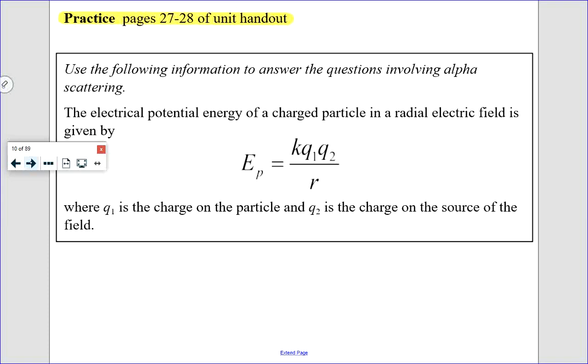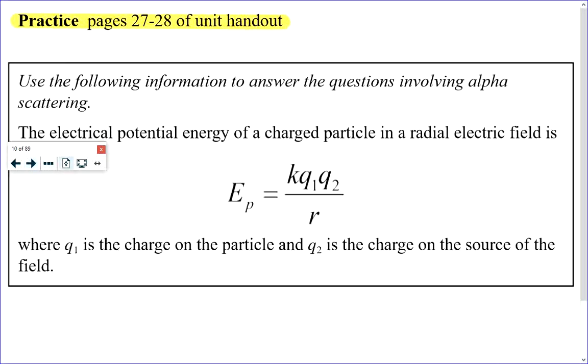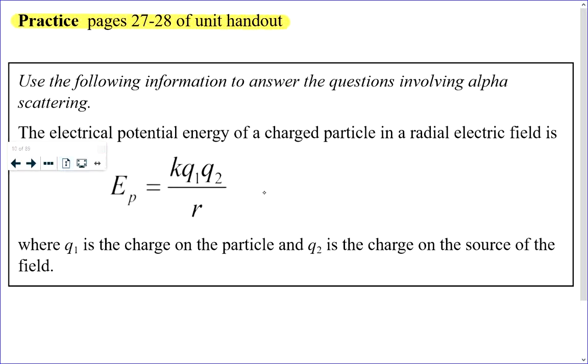Ian? Why is the electric force equation so similar to the potential energy? It's a good question. Why is electrical potential energy found using EP equals kQ, Q over R, whereas the electric force is found using kQ1, Q2 over R squared?